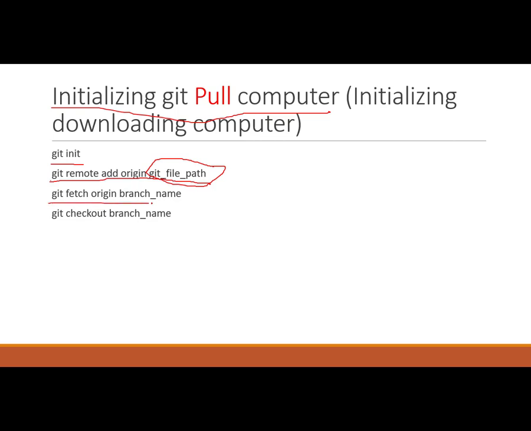Then git fetch origin and the branch name. This branch name is the one we created previously in the push section. We created a new branch and pushed that branch to the server. Then we fetch origin with that branch name. Then git checkout that branch name. Then you have those codes.